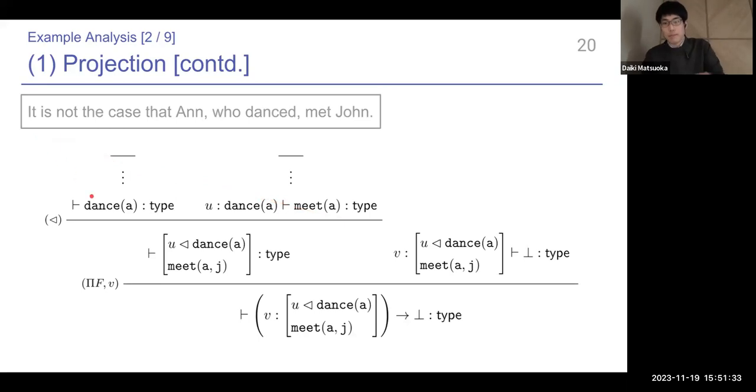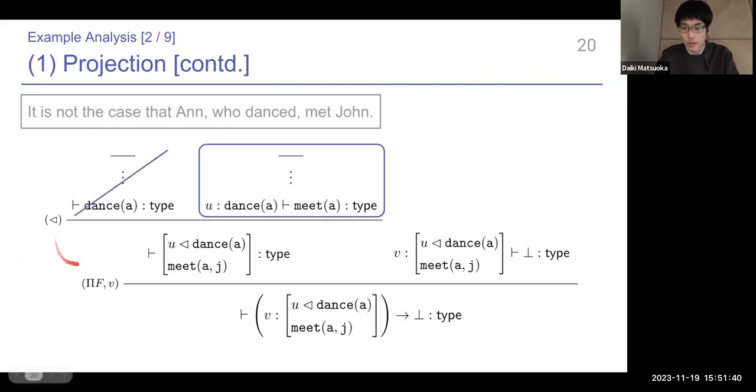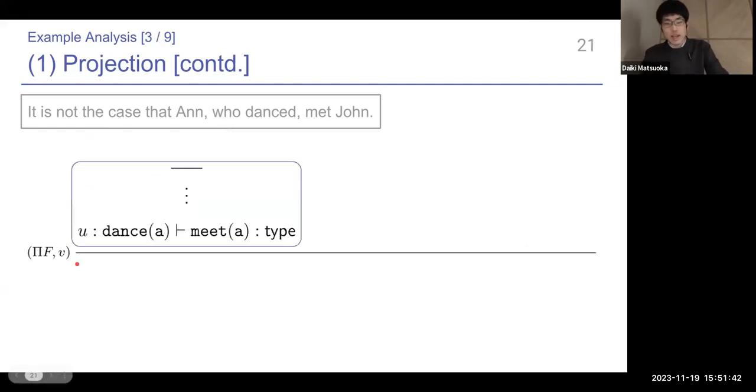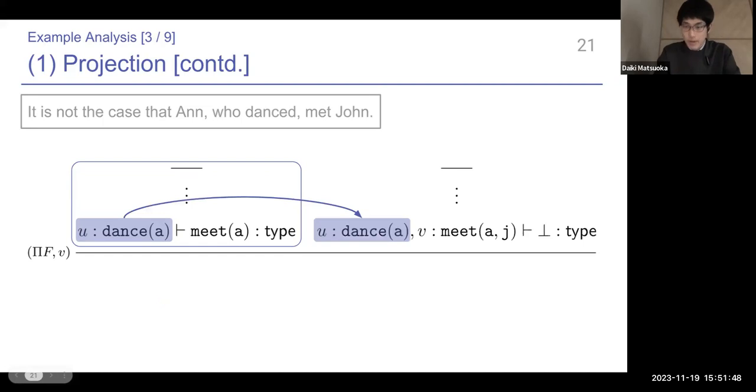And those two can be easily derived. And then we discard the first and take only the second, which is this. And we can see that the context is extended with the appositive content.